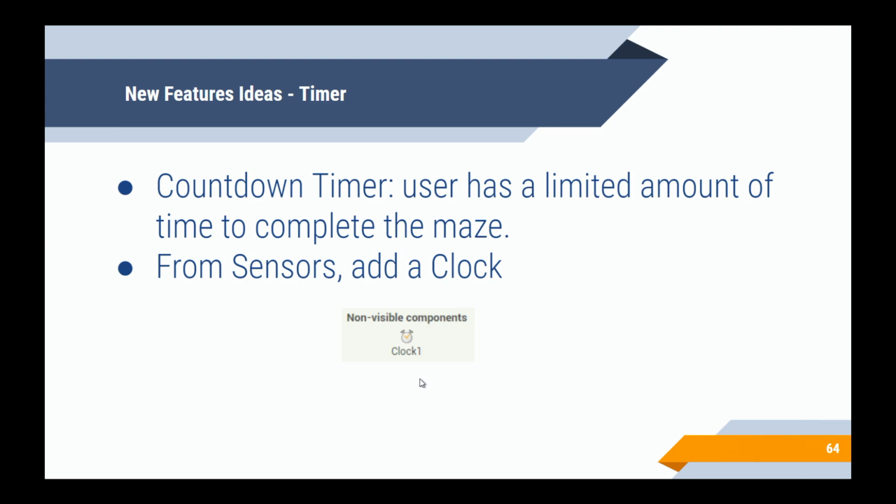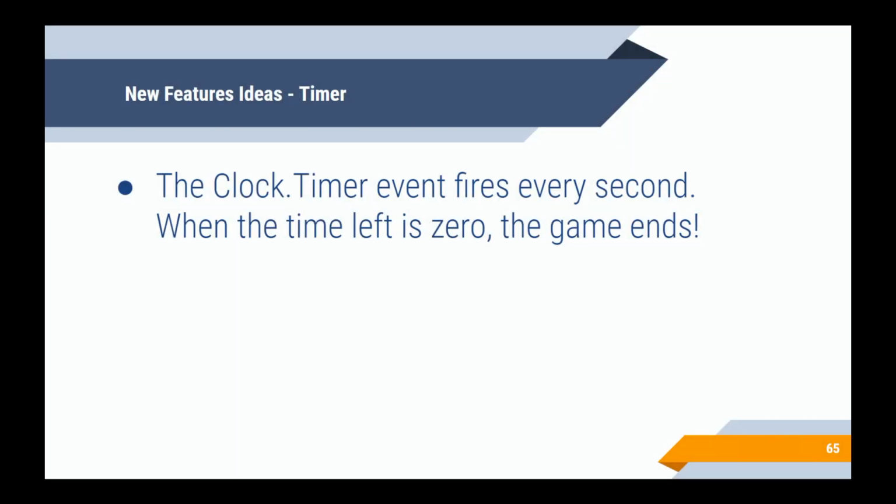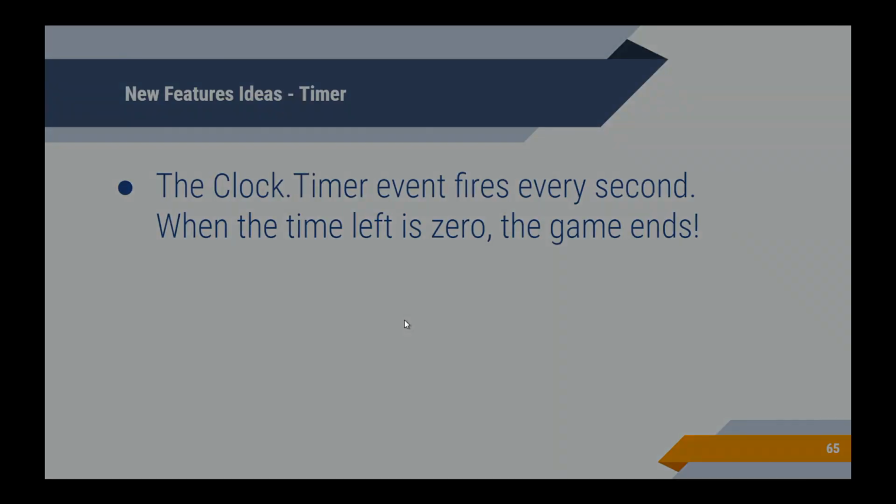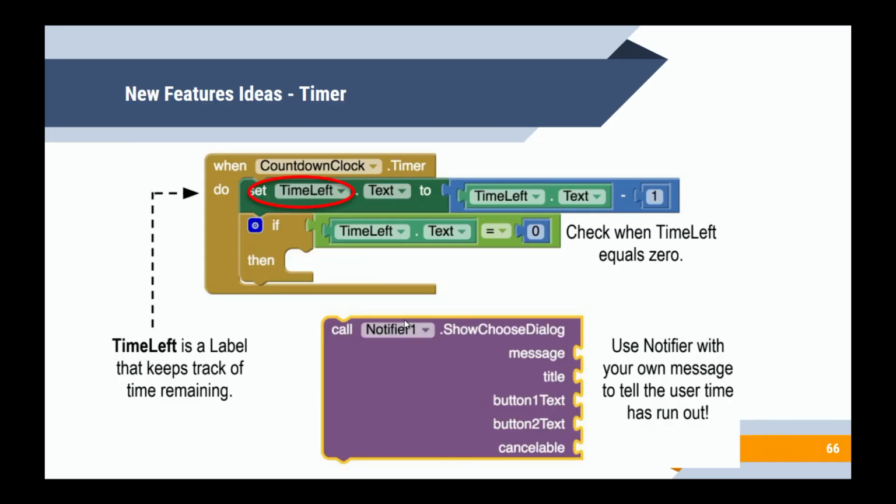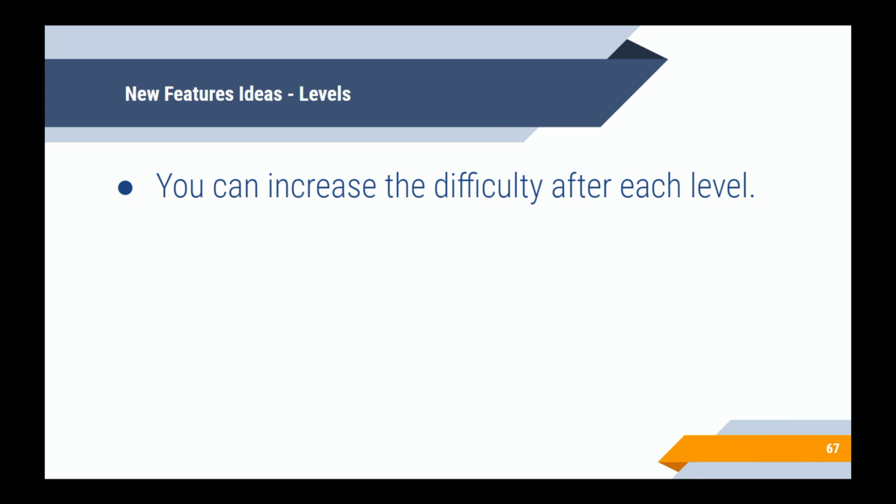You could also give them a countdown clock to add some added pressure. To do that, you would use a sensor. And by the way, the clock.timer event fires every second, and when the time left is 0, the game ends. So again, you could try that out as well. I give you some ideas about how that could work.